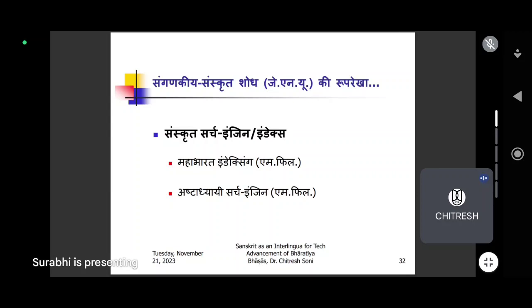I need to know how many times the word go, Gai, or the word Prithvi is used in Nirukta. The first option is that I go to each and every page, underline and note it down. Or I make a one-time system, give it a keyword go, and it gives me the list of lexicon which is Nighantu and their interpretations which are given in Nirukta.